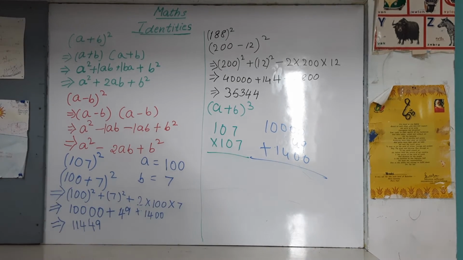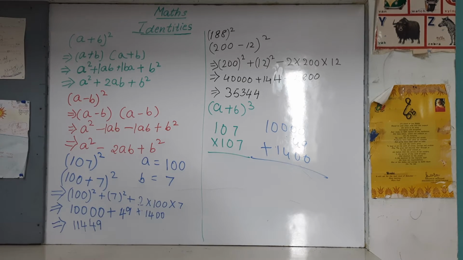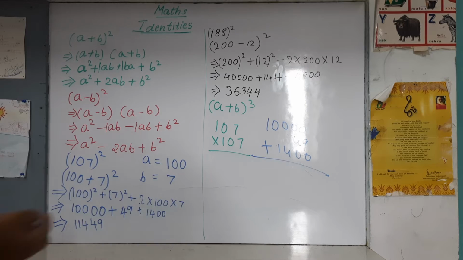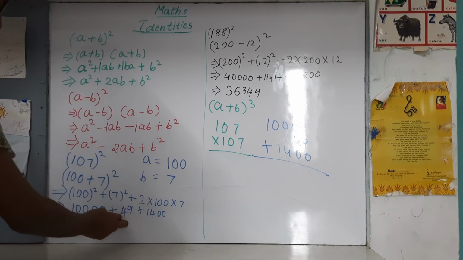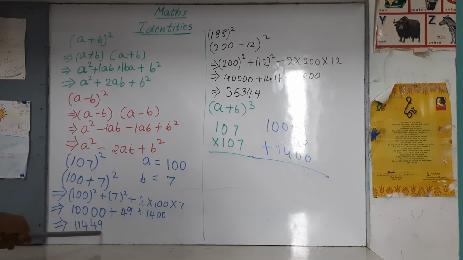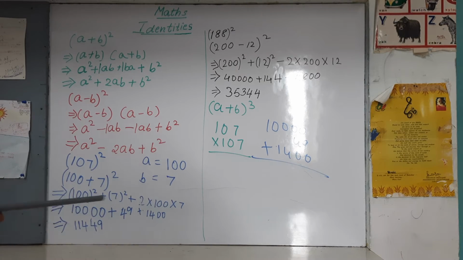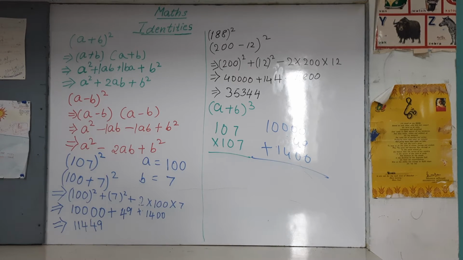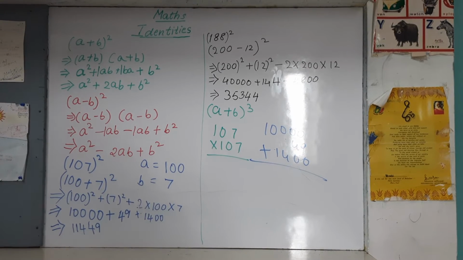Just add it and you will get 11449. The second two digits are again 0, so we have the unit digits 4 and 9, so we have to add 4 and 9 to it. So 1, 1, 4, 4, 9 is the answer. It is so easy to do like this.